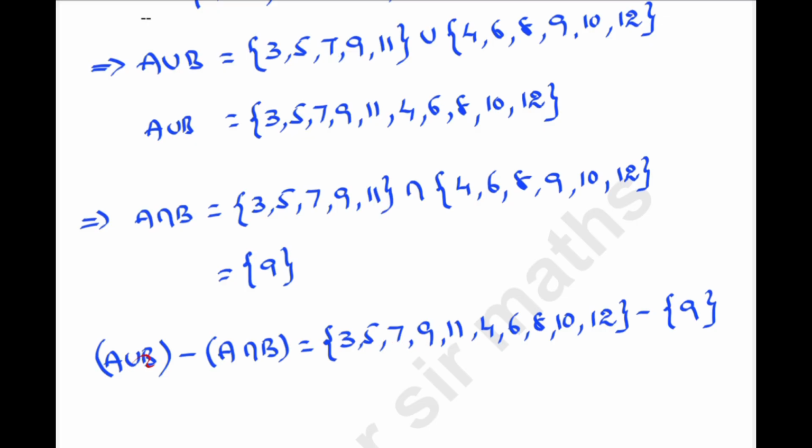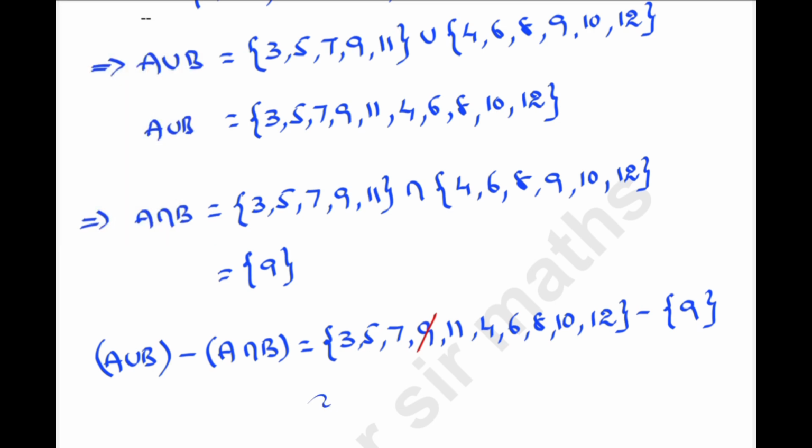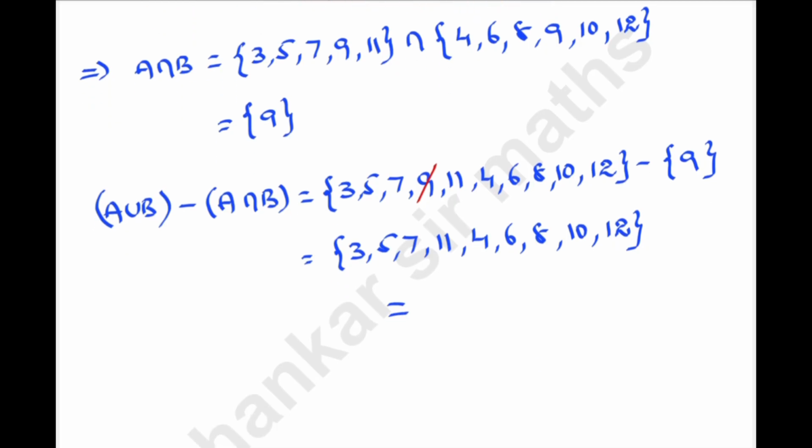What is the common of A union B and A intersection B? Common here is 9. So I am eliminating this one. So remaining will be 3, 5, 7, 11, 4, 6, 8, 10, 12. Okay. We got the left hand side.